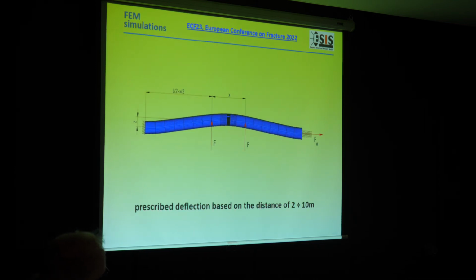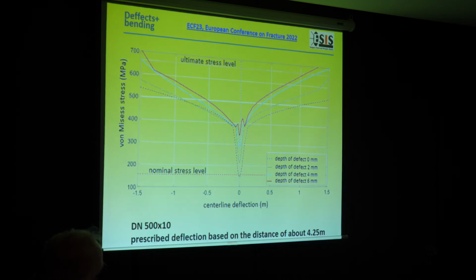This is a very dangerous thing. It can be caused by subsoil deflection, subsoil sliding processes after raining, etc. It was prescribed as a deflection of this X at a distance from 2 to 10 meters. It's possible to calculate more also. This is one example of results.